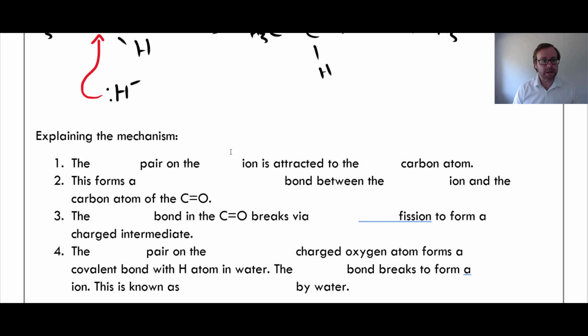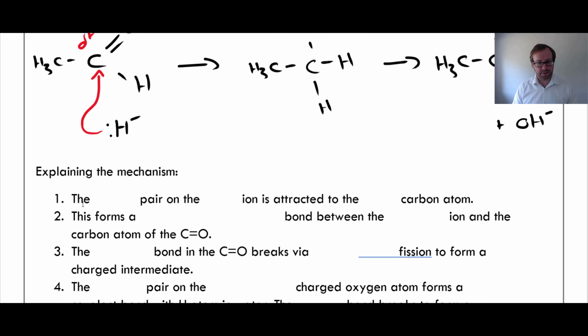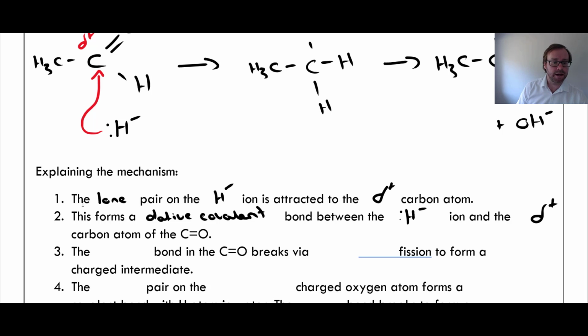Okay, I just want you to have a look at this, we'll go through this first. So explaining this mechanism. The lone pair on the hydride ion is attracted to the delta positive carbon. This forms a dative covalent bond between the hydride ion and the delta positive carbon atom of the C=O.